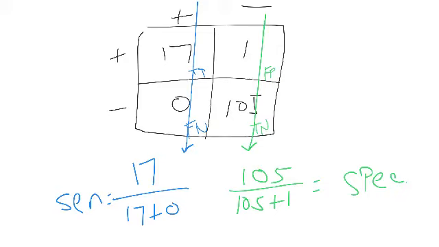So this is going to be about 99%. You guys can do the math. I don't know exactly what it is. So that's the specificity. True over everything. It's a real easy calculation to do.